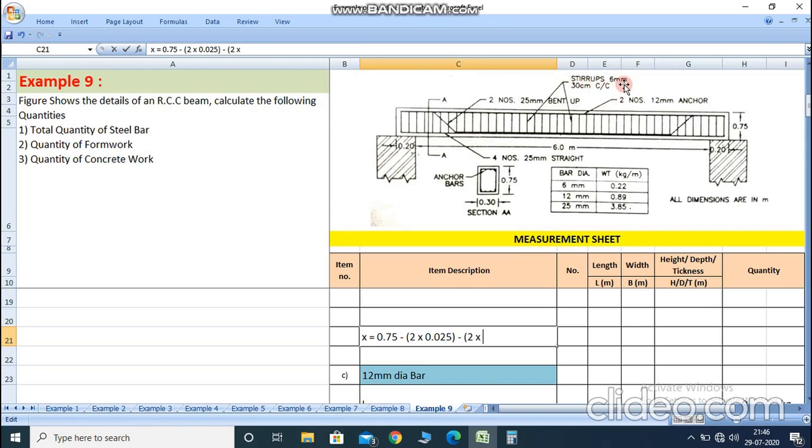Now 6 mm is converted into meter, so we write 0.006 as the stirrup, and then minus 2 times half of the diameter of the bar. Here the main bar is given, 25 mm diameter bar. So here minus 2 times half of the diameter of the bar.